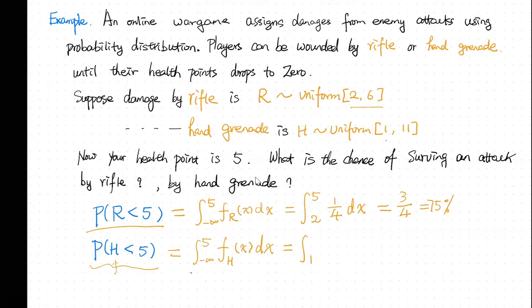And that integral turns out to be the integral from 1 to 5 because we know the density for H is 0 below 1 and above 11, and equals 1 over 11 minus 1 on the interval 1 to 11. 1 over 11 minus 1 is 1 over 10. So that gives us 5 minus 1 divided by 10, which is 40%. So the hand grenade is much more likely to kick you out of the game.